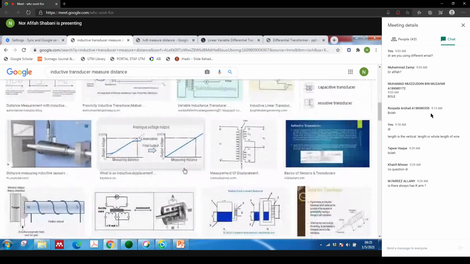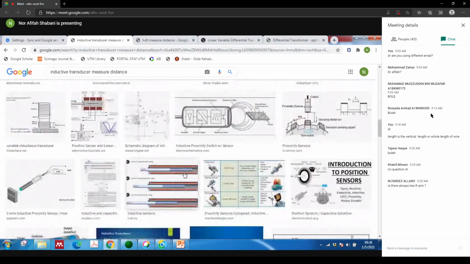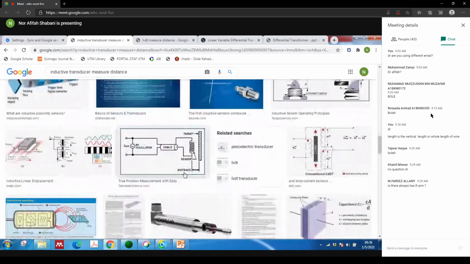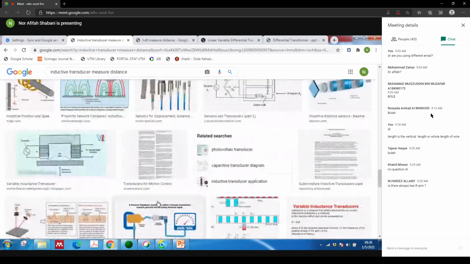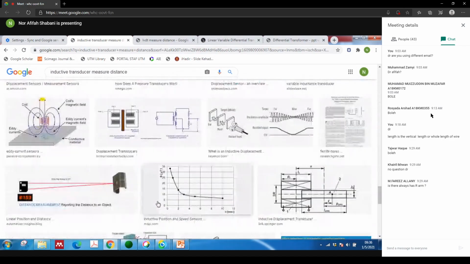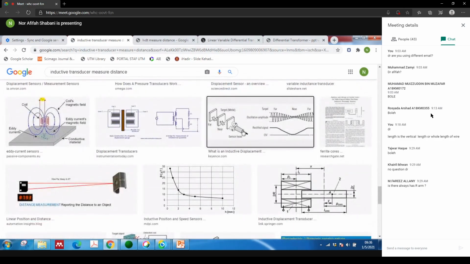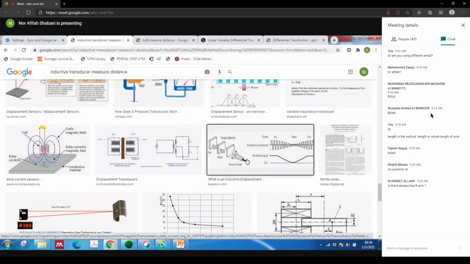You can look at other examples or the image here. Last time I did some bookmarks. Yeah, this one. So if you look here, this is your inductive sensor, right? It uses the concept of a variable reluctance sensor.